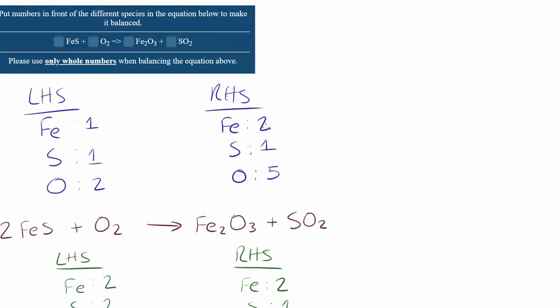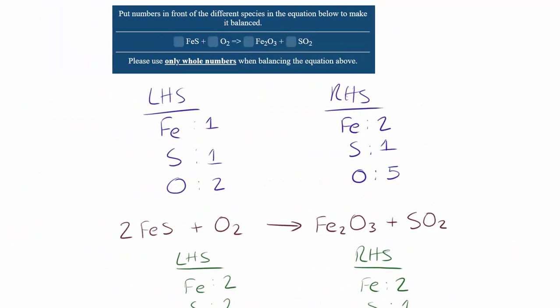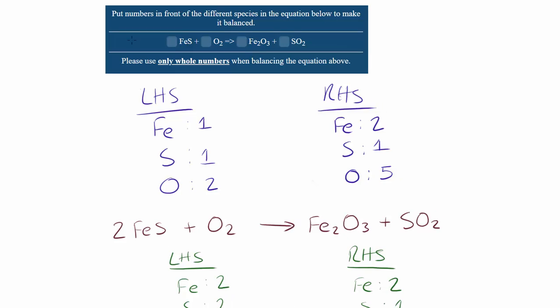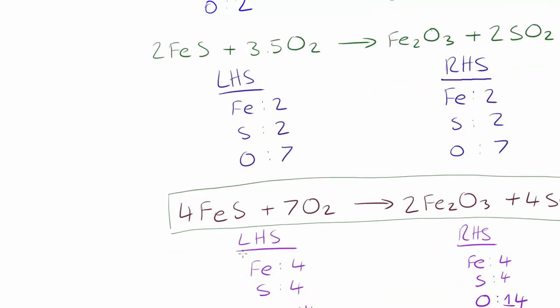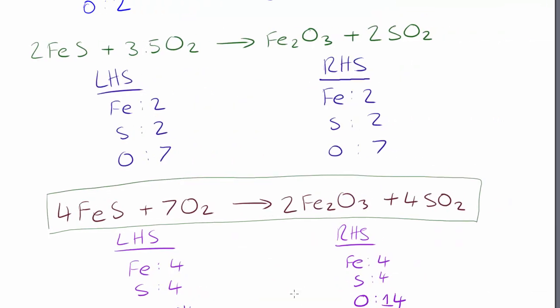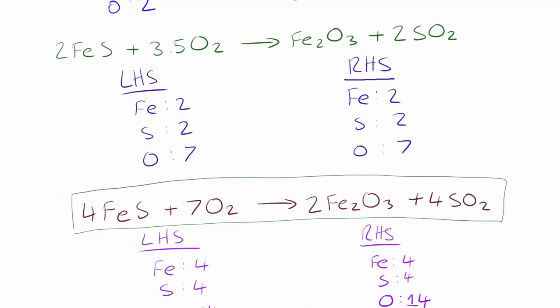So for our question, we can say, well, if we put 4, 7, 2, 4, that would give us our balanced formula, right?